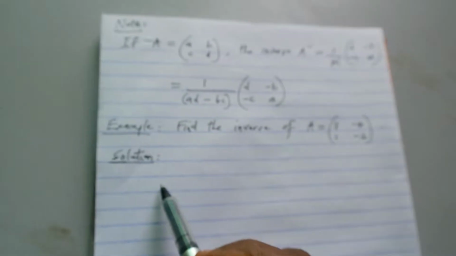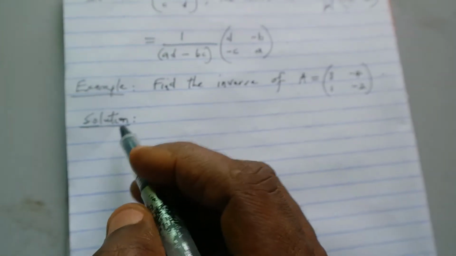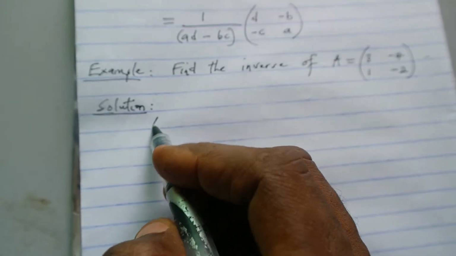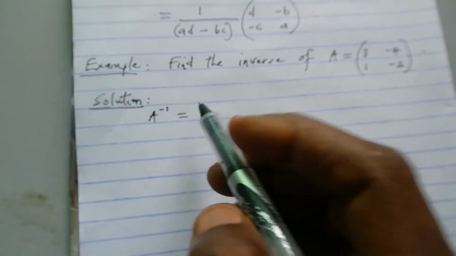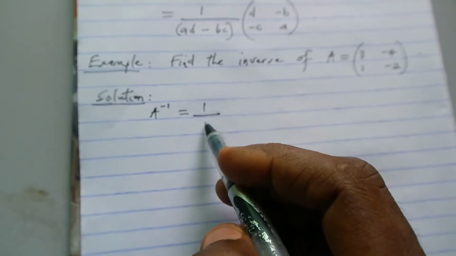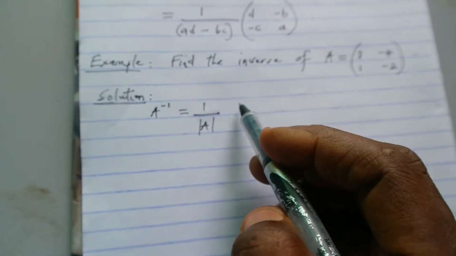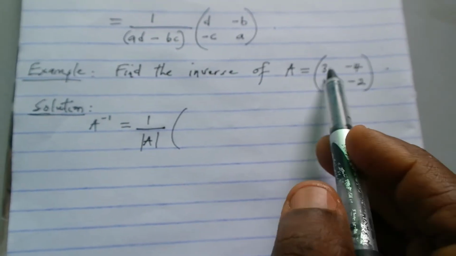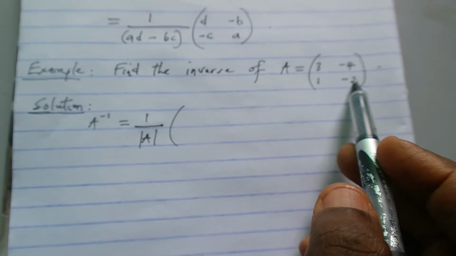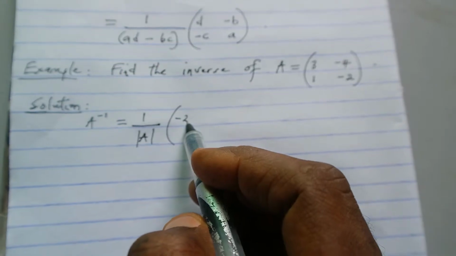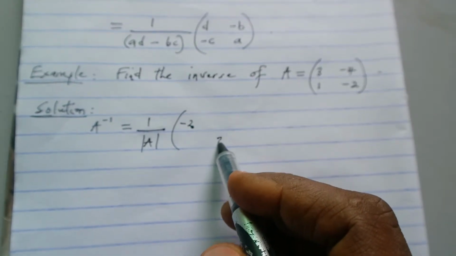So going by the law above, the inverse of A will be 1 all over the determinant of A. Then we interchange the entries here according to the law. We have 3 here, we have minus 2, so we interchange them like that. So here we're going to have minus 2, then we're going to have 3 here.